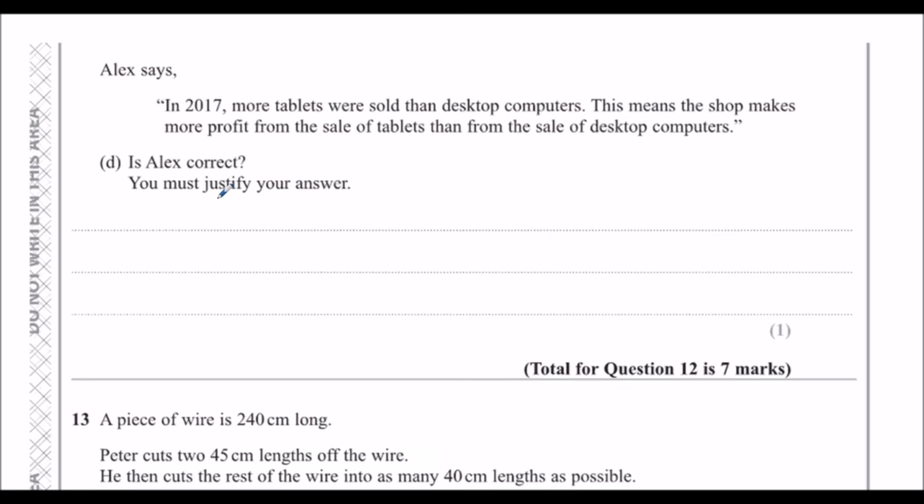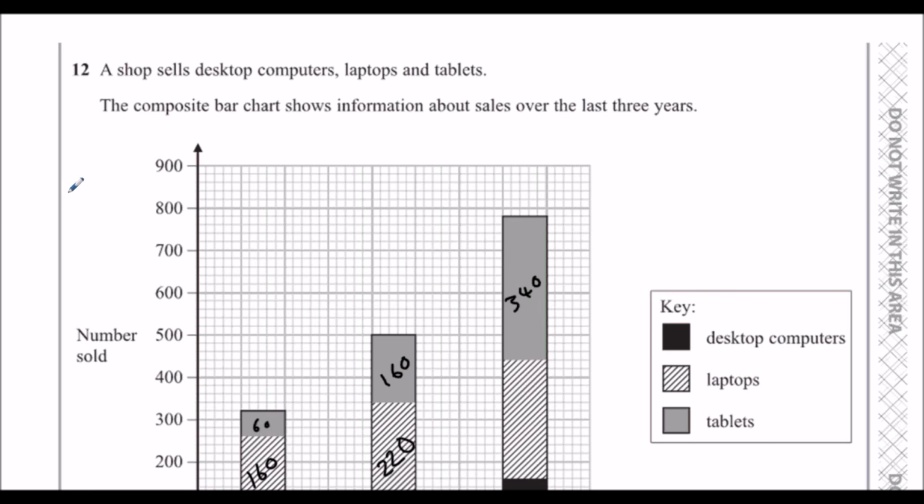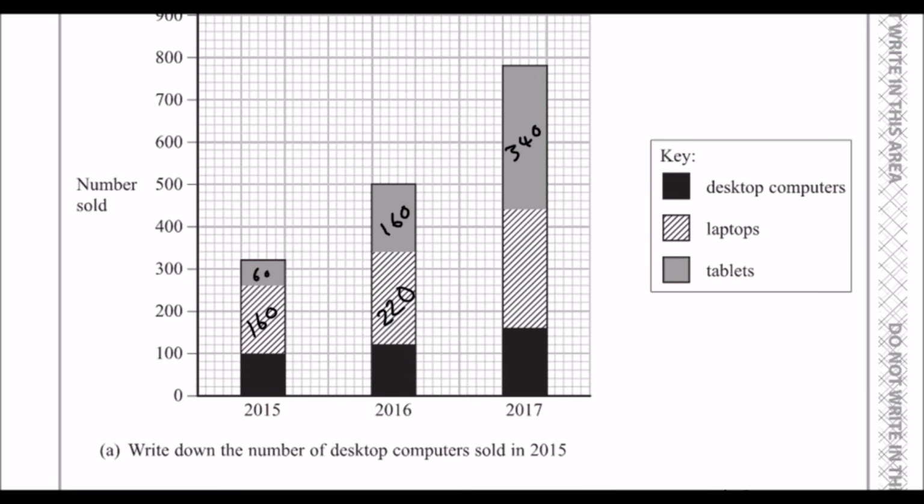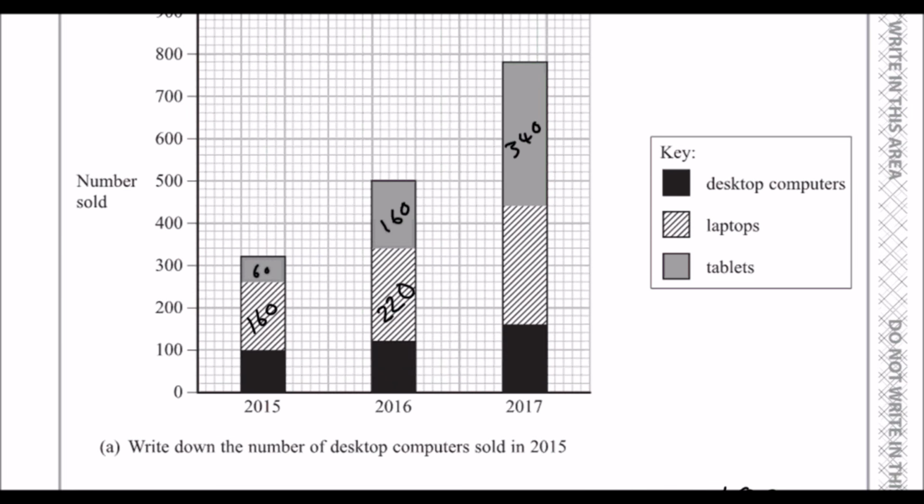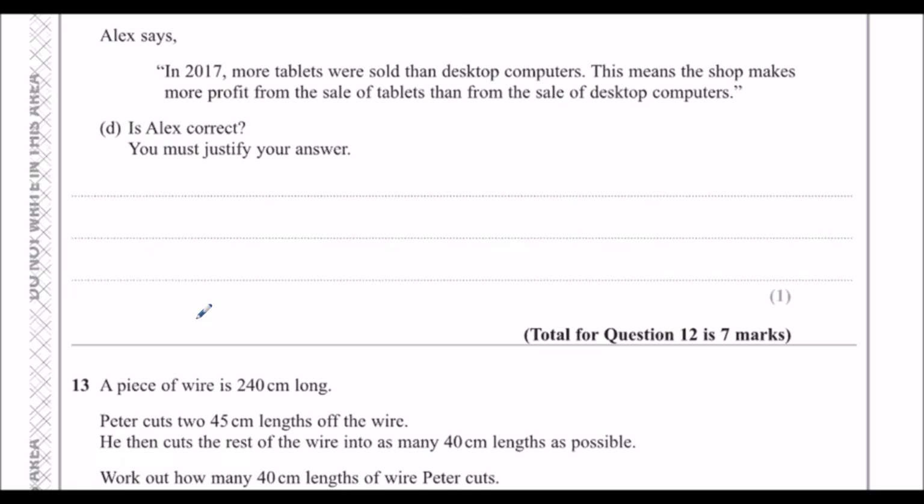So the profit depends on how much they paid for them and how much they sold them for. We've got no idea what they sold them for or what they bought them for. So we've got no clue what the profit is. So no, Alex is not correct. We just don't know the profit.